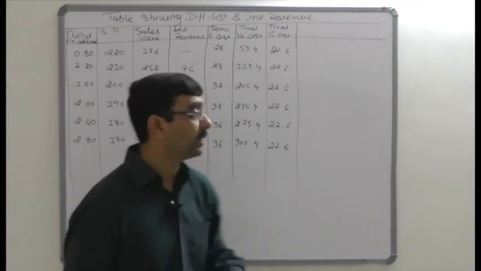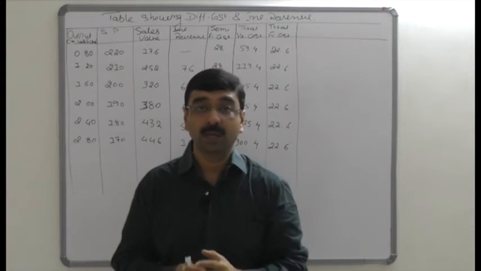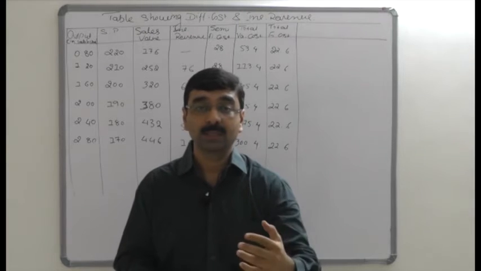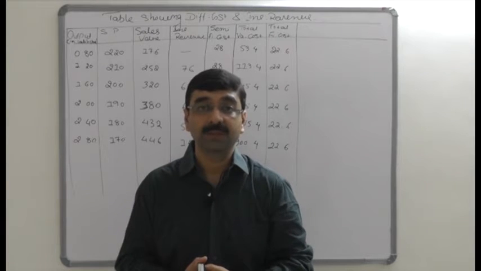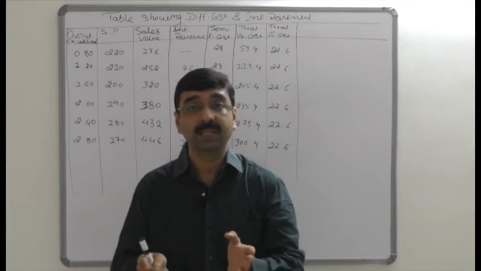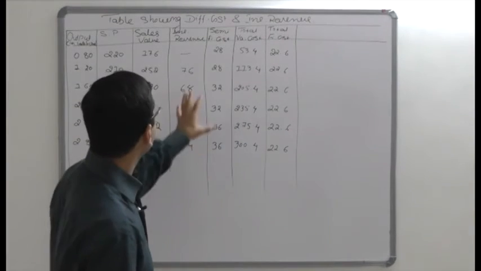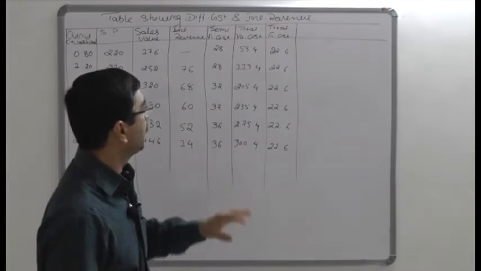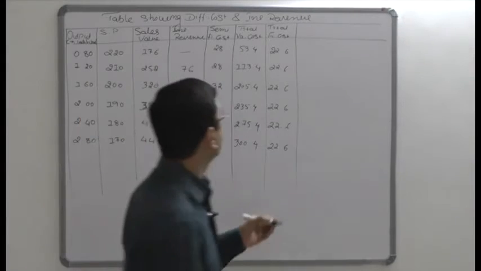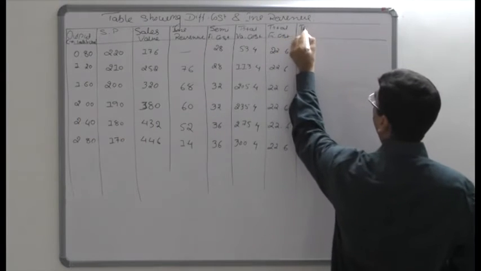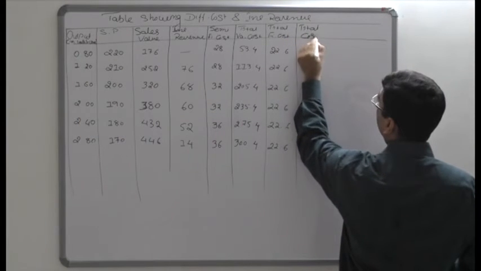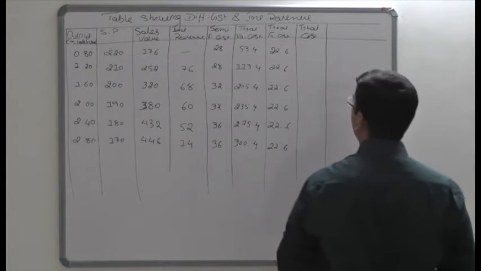Now, according to this information, we will find out the total cost, and on the basis of the total cost we will find out the differential cost and the difference between the incremental revenue and differential cost. So on the basis of all the fixed and variable costs, we will identify the total cost. The next step is to make a total of all these three costs.